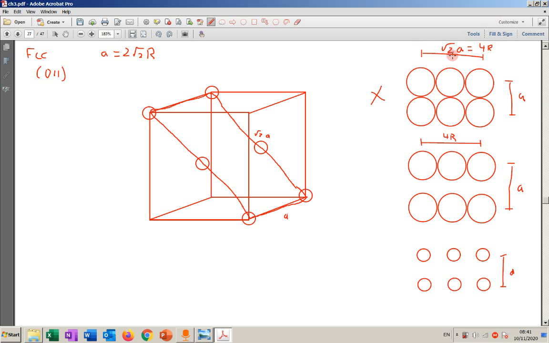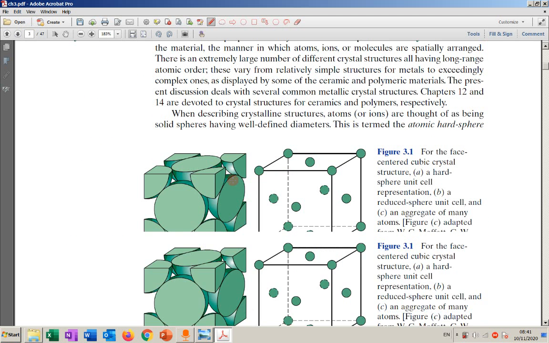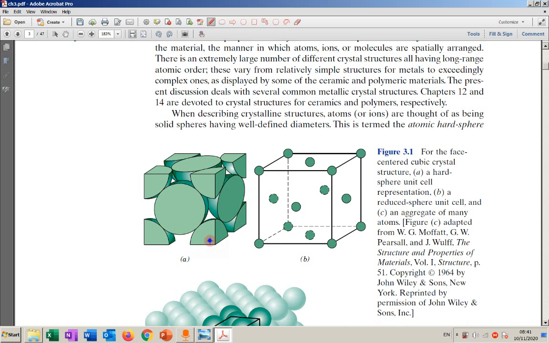Well, if this distance is 4R, it has to be this configuration. Why? Because the atoms are touching each other on the diagonal, and we already know this from FCC. If you remember from the FCC crystal structure, this is the diagonal, and the atoms are touching on the diagonal, but the corners, the edges, are not touching each other.